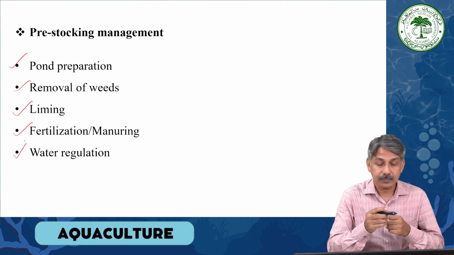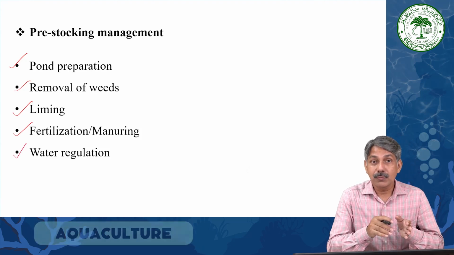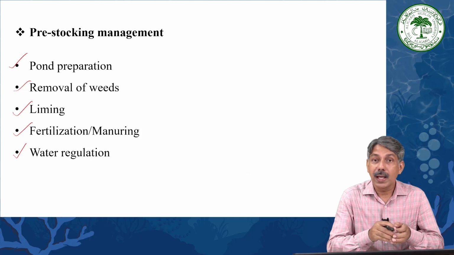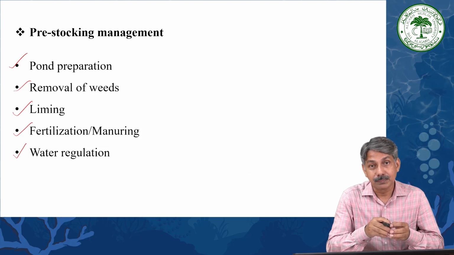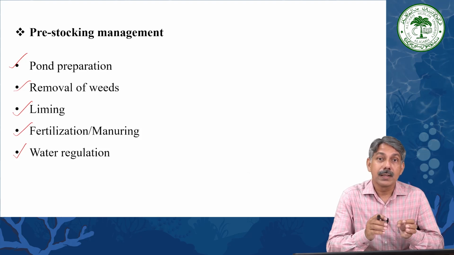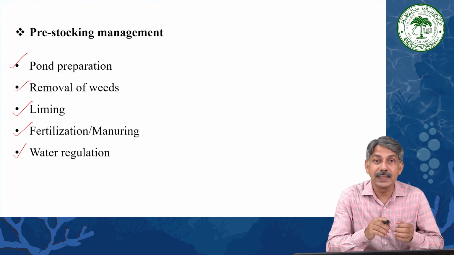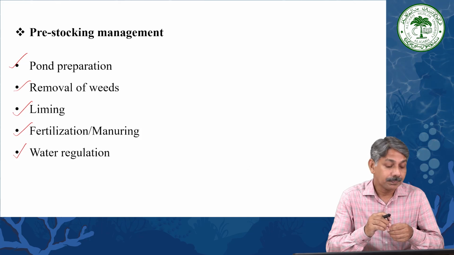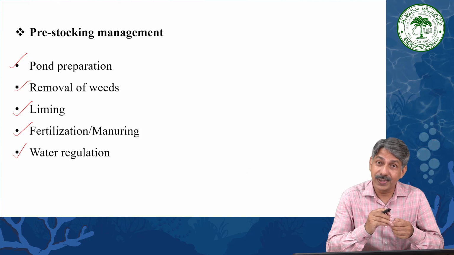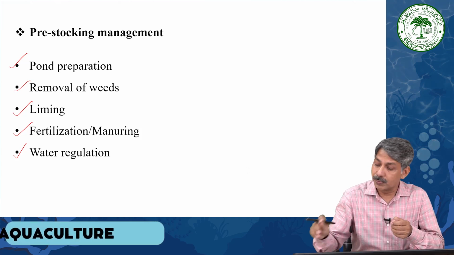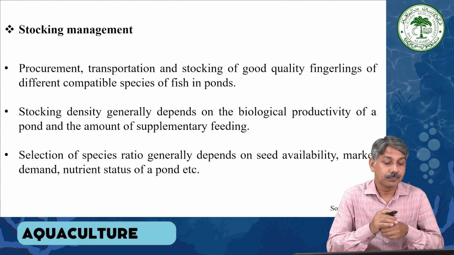Then availability of water, good quality water, and how to regulate it. There must be checkpoints to regulate the entry as well as outlet of the water from the pond. And whenever you need to replace or fill the water in the pond, there should be provisions for that.